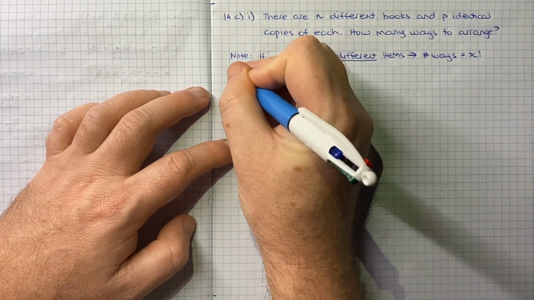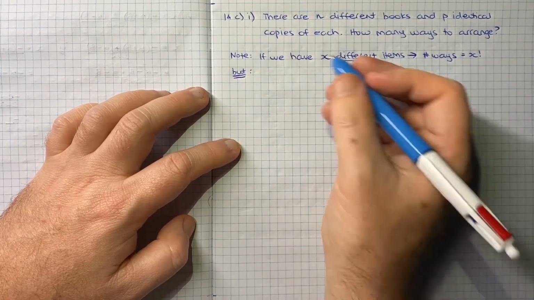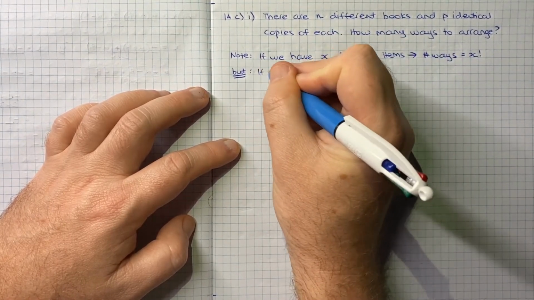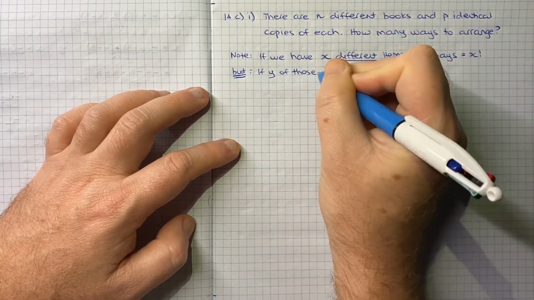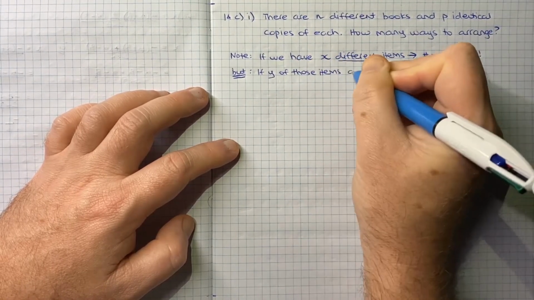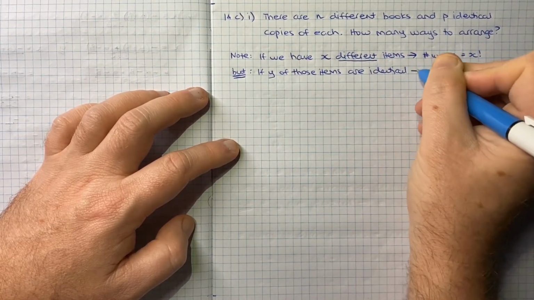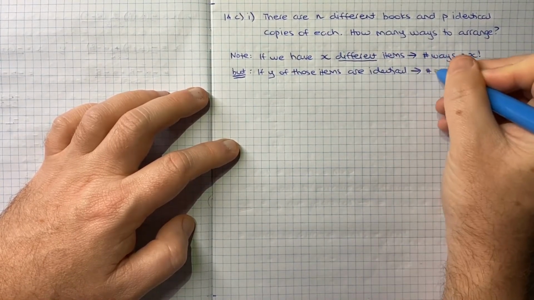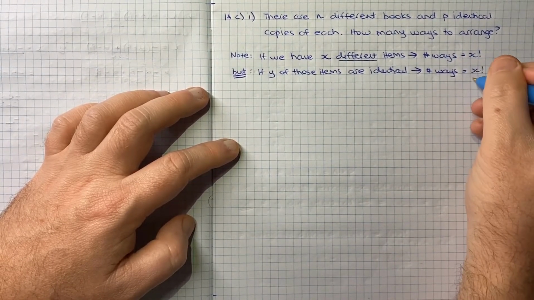Now, there is a tweak that you have to make to that rule, which is if, for example, y of those x items are identical, then the number of ways would be equal to x factorial on y factorial.